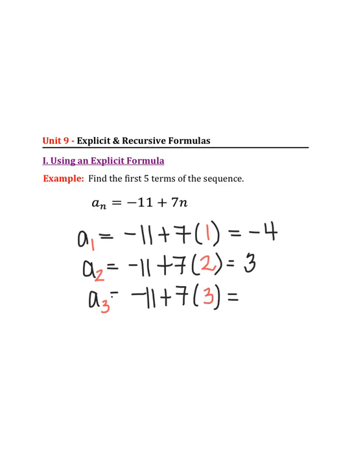Then for the third term, I'm going to have negative 11 plus 21, so it's going to be a positive 10.